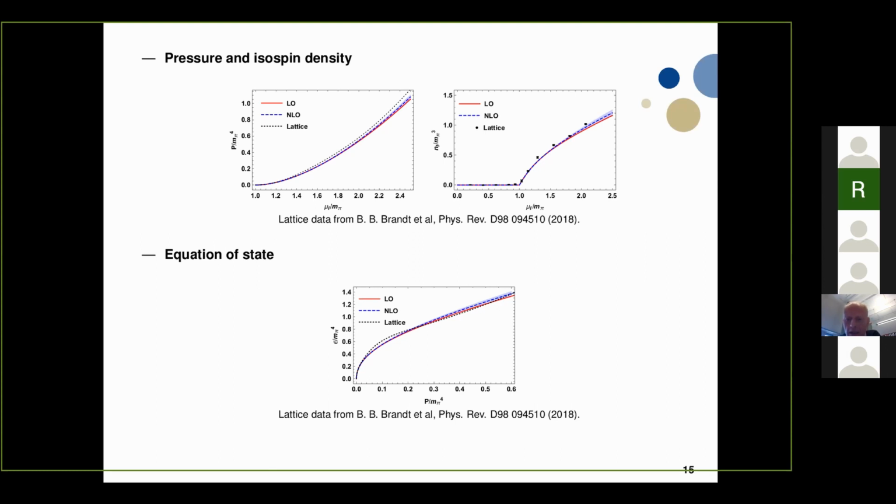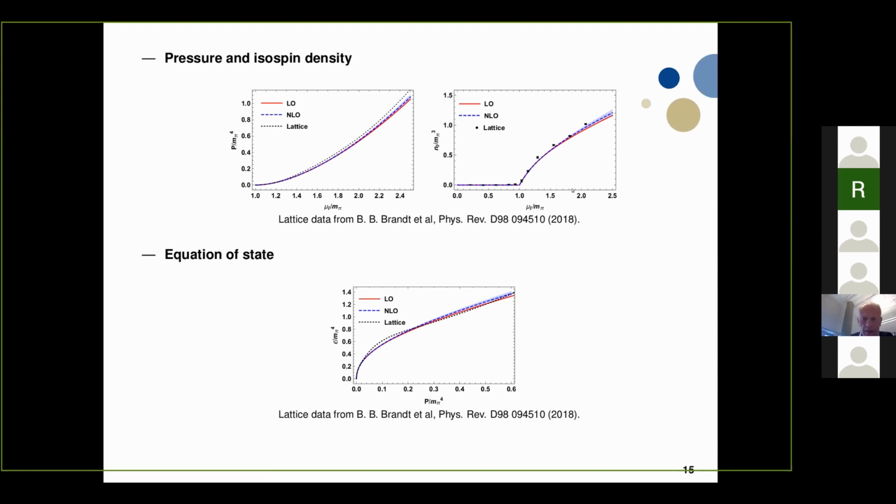And then on top of that, you have the leading order results, which is the red curve. And then you have the blue band, which is the NLO result. The band is obtained by including uncertainties in the coupling constants, in the low energy constants, as well as in the pion masses. But here it has to be said that the dominant source of uncertainty is in the low energy constants.